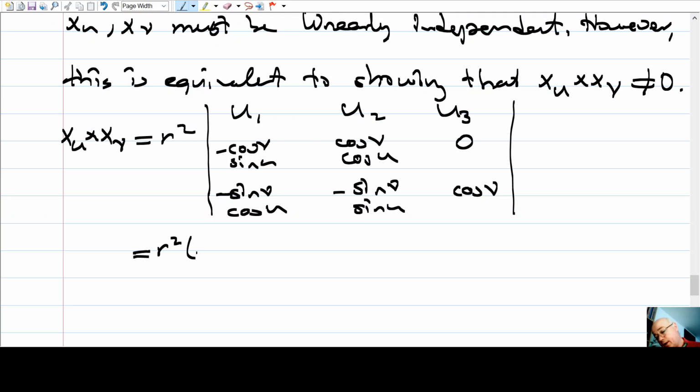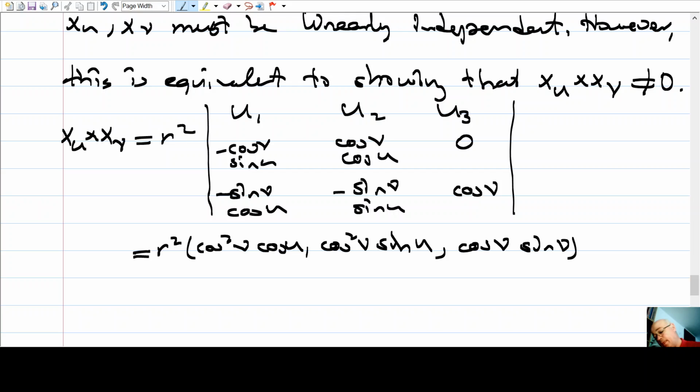You get r squared times cosine squared v cosine u, cosine squared v sine u, cosine v sine v.